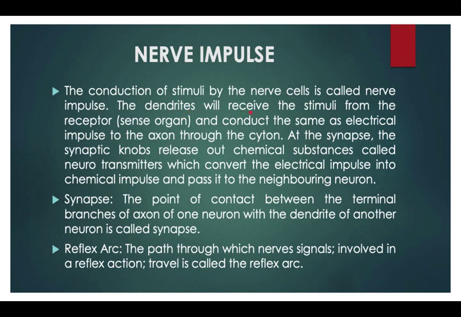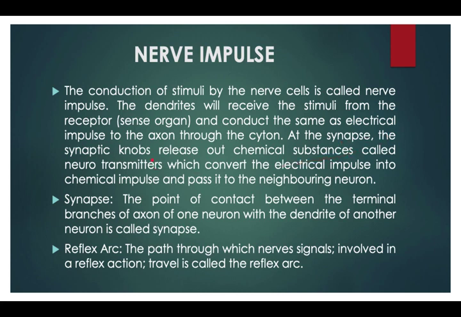The dendrites will receive the stimuli from the receptors or sense organs and conduct the same as electrical impulse to the axon through the cyton. At the synapse, what is synapse? Synapse is the junction between two neurons or a neuron and receptor cell.